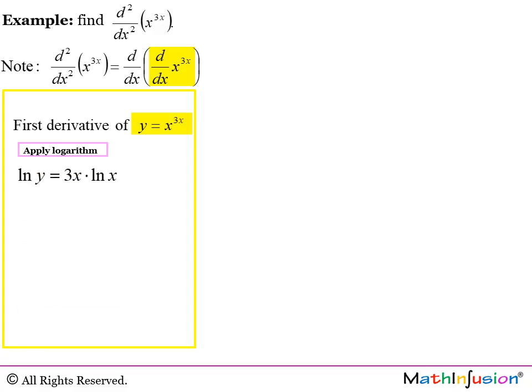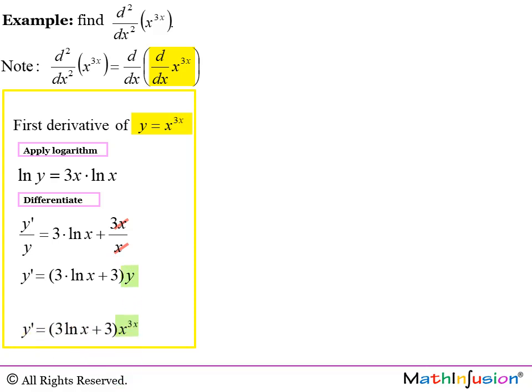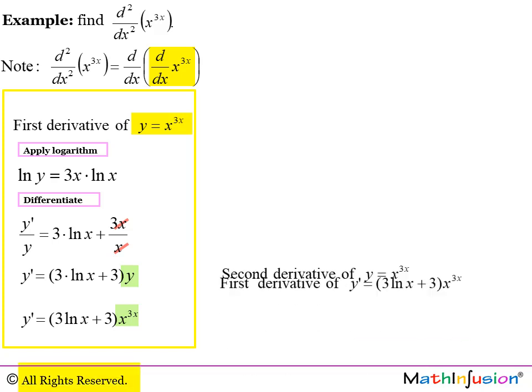We apply logarithm and we differentiate. Okay, we can do that, cancel the x. And now we will multiply everything by y. We will replace y by the function, and we have the first derivative of x to the power of 3x.